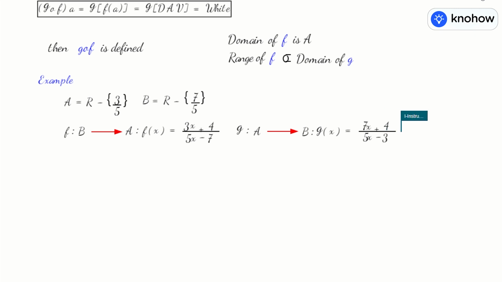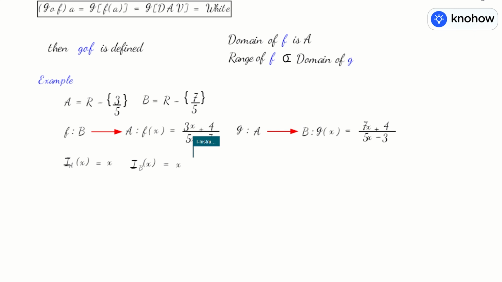And here the symbol IA of x is x, the identity element on set A. Identity element means that any element of set A associates to itself. And what do you mean by IB of x equal to x? That every element of set B is associated to itself under IB.